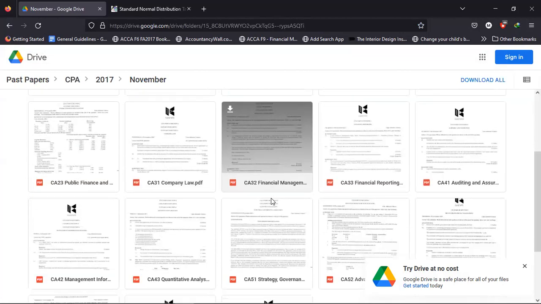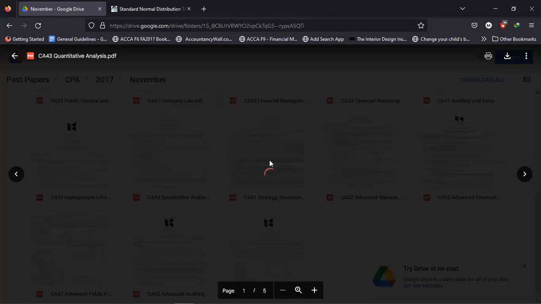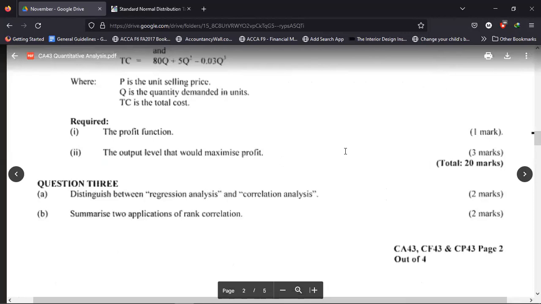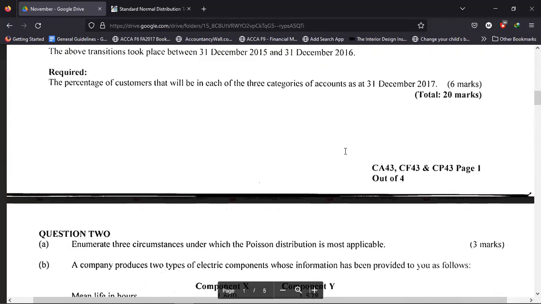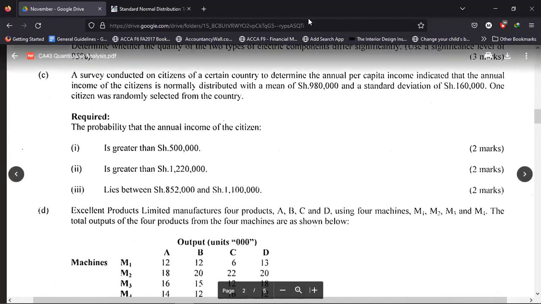Let me look at how the questions are written. Question number 2C. Can you see it? 2C. Yes. You can read.